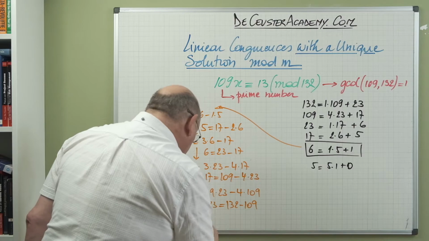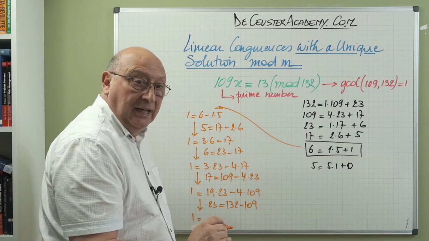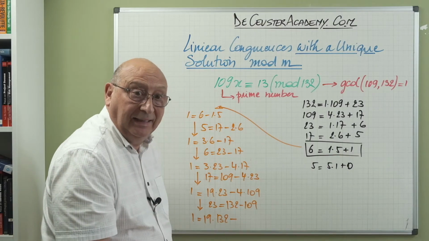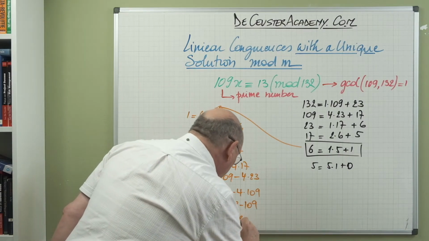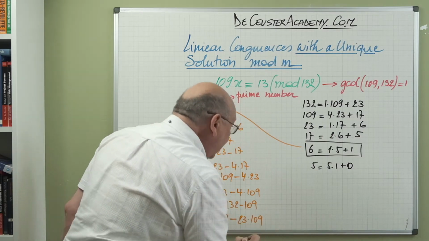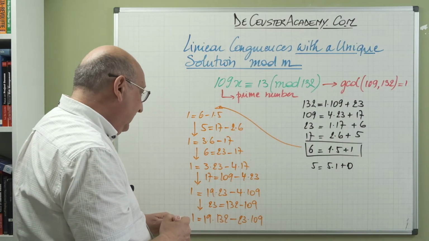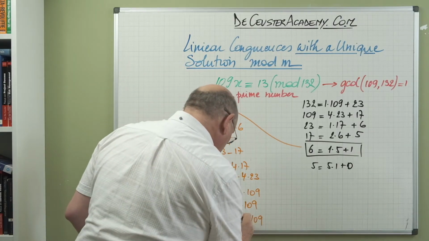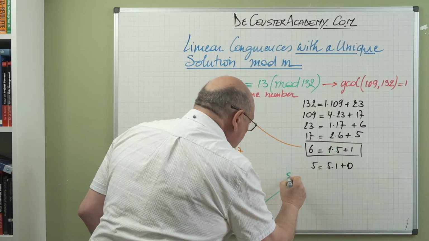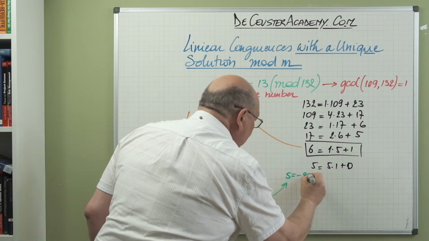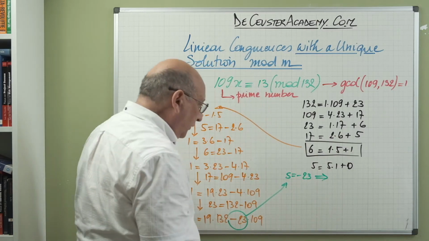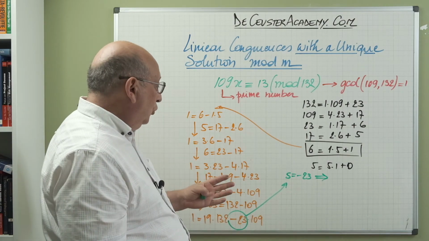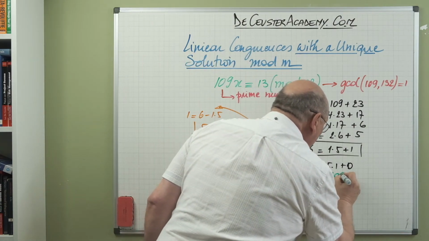And we find that 1 is equal to 19 times 132 minus 23 times 109. So what we find here is that S is minus 23. So when we find the positive equivalent modulus 132, we find that it's 109.